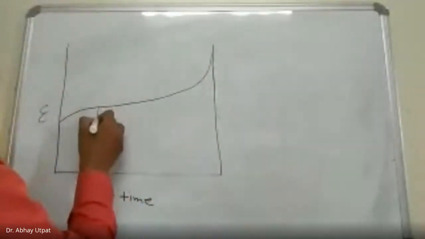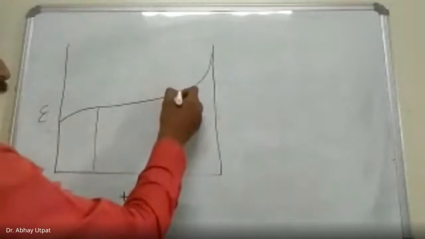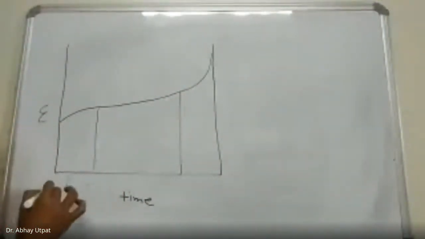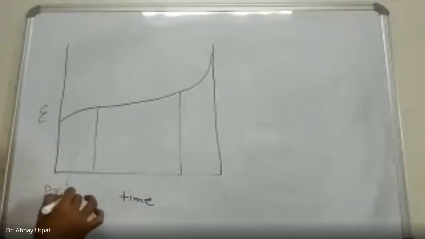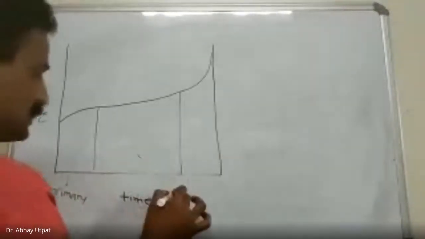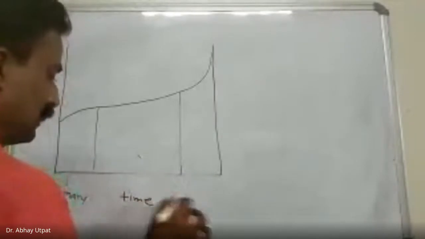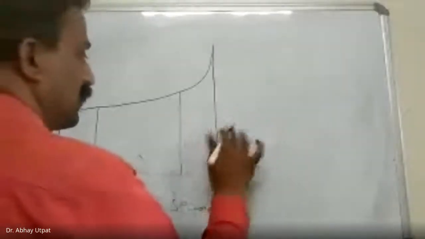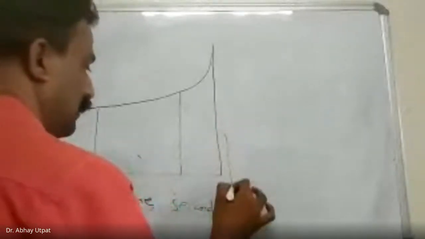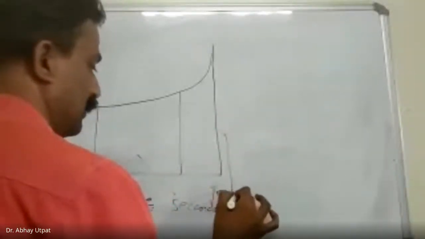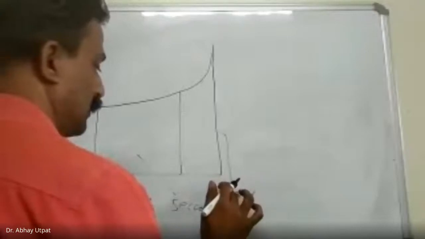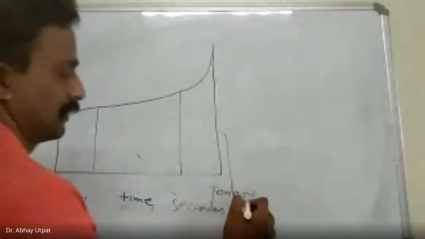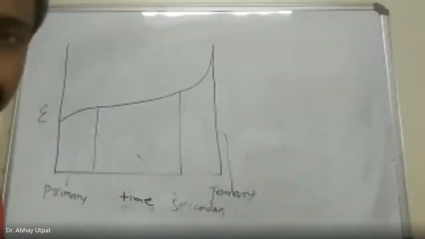If you divide it into 3, this is primary, this is secondary, and this is ternary. Primary, secondary, and ternary creep.